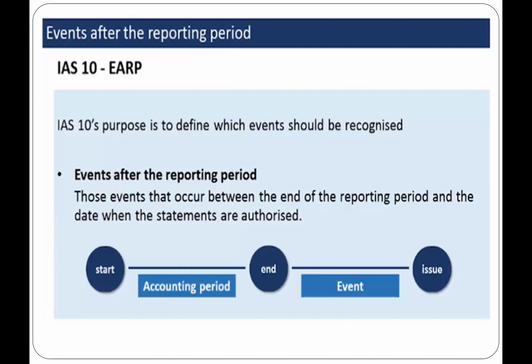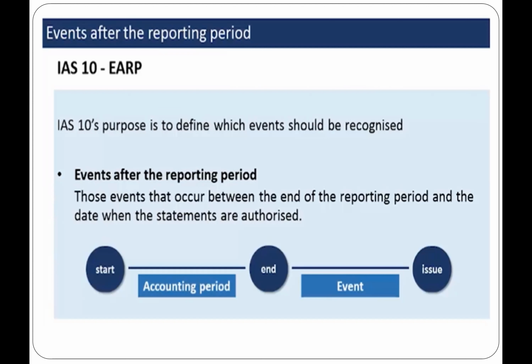Then once the financial statements are done, they will need to be approved by the board first, because it's the responsibility of the board to prepare financial statements. So let's say, for argument's sake, we get approval from the board of directors on 30 March 2023 for the 2022 financial statements.